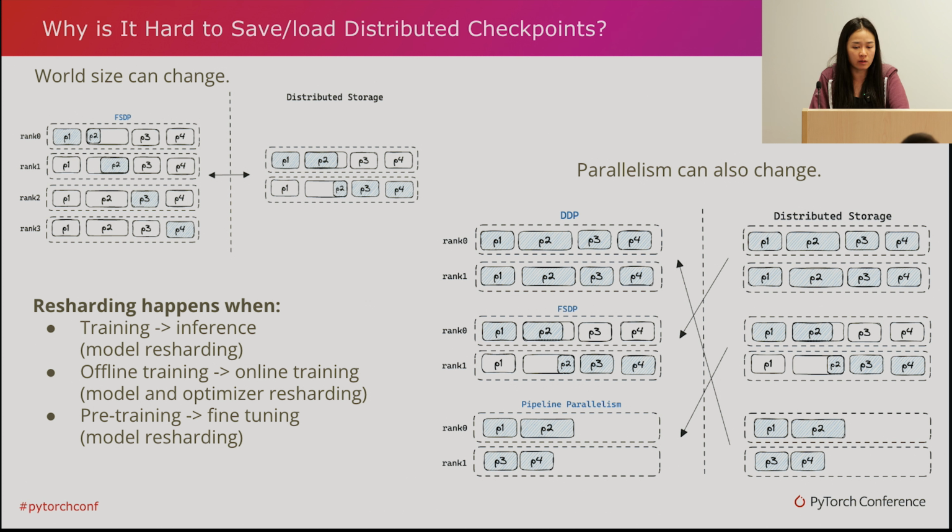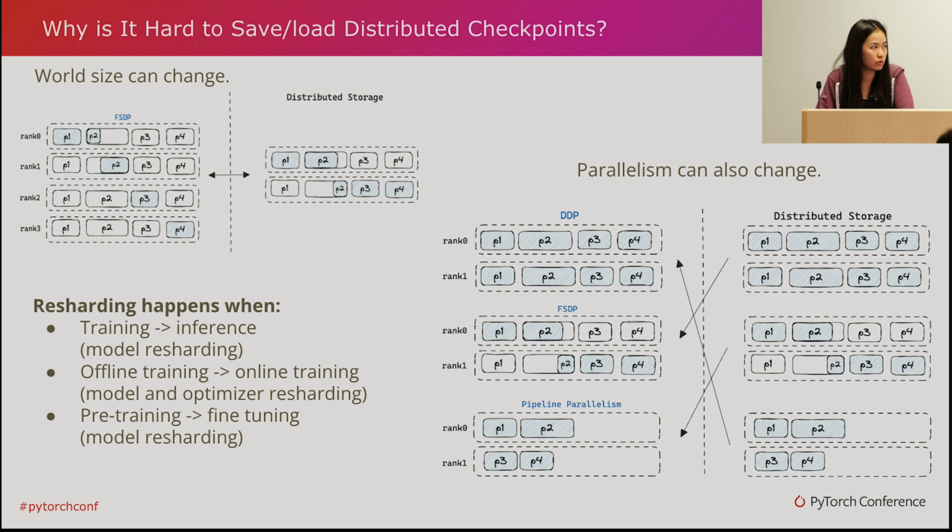In distributed settings, there are different scenarios where you need to do data shuffling. We call loading the saved tensor into a different parallelism or different world size resharding. So for example, resharding is needed when you are moving from training to inference.